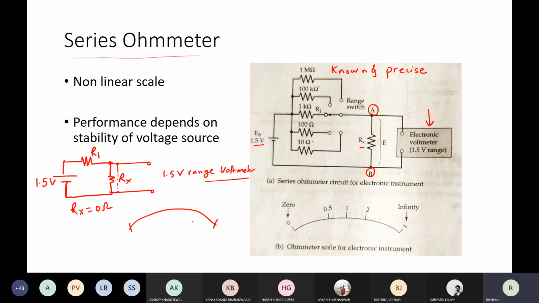So this position is 0. 0 volt means 0 resistance in this context. And when I open circuit these two terminals, that is Rx is not connected, corresponding to Rx equal to infinity, the output voltage will be 1.5 volts, which is the supply voltage. Since the voltmeter range itself is 1.5 volts, that will indicate the full scale deflection.